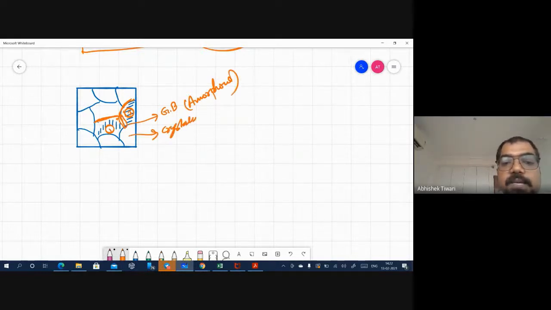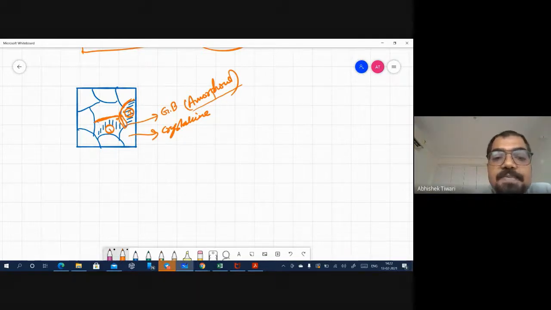So basically in metals also we have crystalline and amorphous, but the spatial or volumetric contribution which comes from the amorphous part is very low in comparison to the crystalline part. But in polymers, a huge contribution comes from the amorphous part of the system.